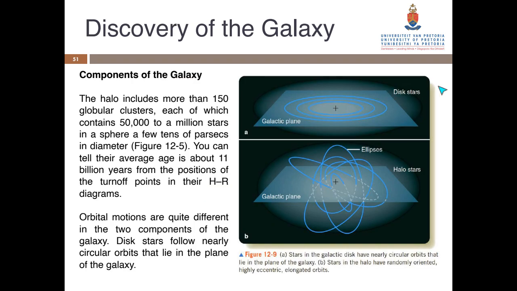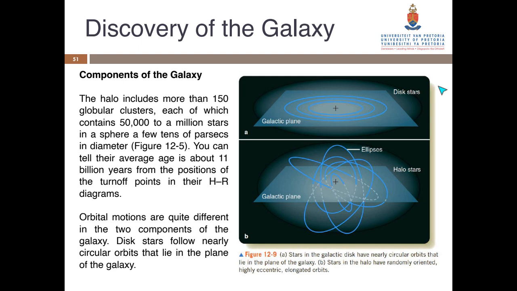The halo includes more than 150 globular clusters, each of which contains 50,000 to 1 million stars in a sphere a few tens of parsecs in diameter. You can tell their average age is about 11 billion years from the positions of their turn-off points in the HR diagram.